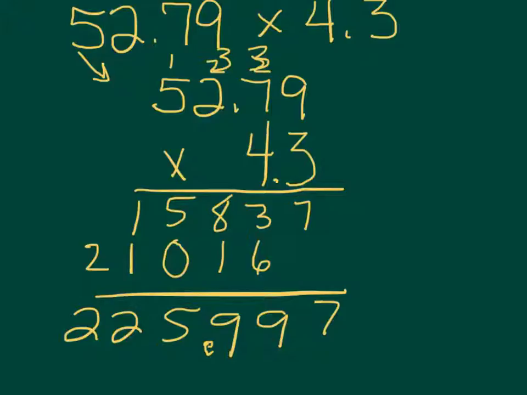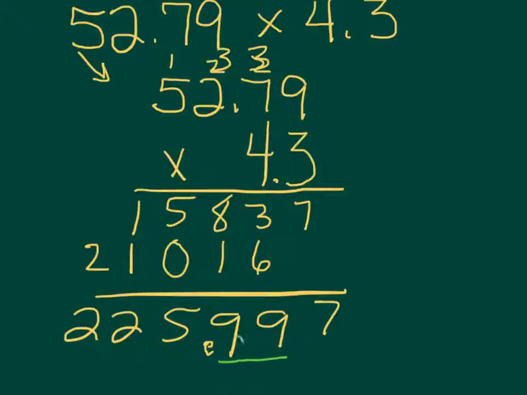Again, if I was to round this to a money type figure or anything with 2 decimal places, I would look at the third number, which in this case is 7. It's 5 or higher, so it would bring this up. To bring this particular number up, you would have to look at 99 as a whole unit instead of just 9. So 99 plus 1 more would be 100.